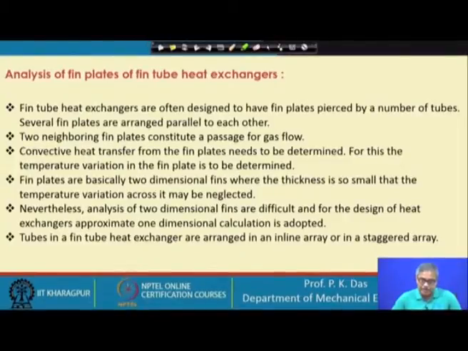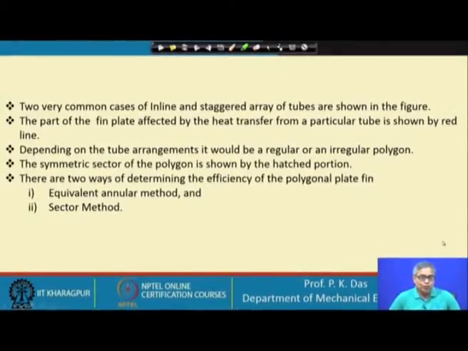Tubes in fin tube heat exchanger are arranged in inline array and staggered array. This I have already shown and discussed. Two very common cases are inline and staggered array of tubes as shown in the figure. So, previous figure it has been shown. In a figure after this we will again show this. Part of the fin plate affected by heat transfer from a particular tube is shown by red line.